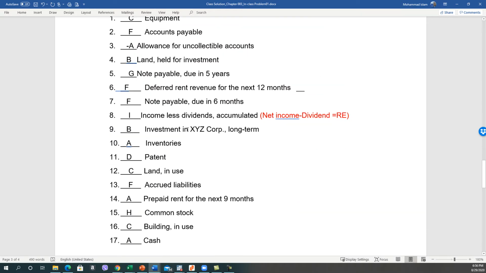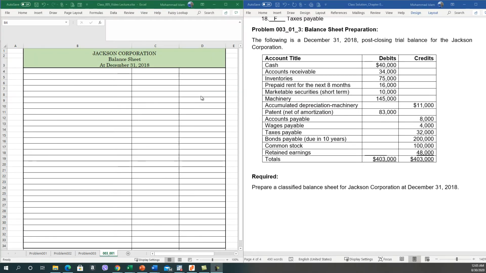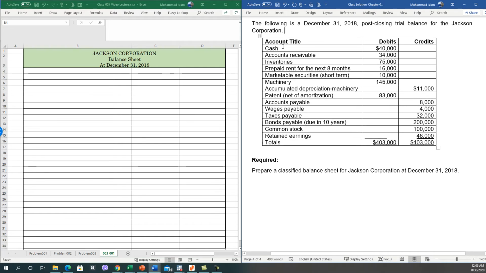We can discuss more. So here, let's solve problem number 3 from problem set 3.1, meaning problem set 1 of the in-class problems from chapter 3. Okay, so here we can see that we need to prepare a balance sheet. Here is the problem.